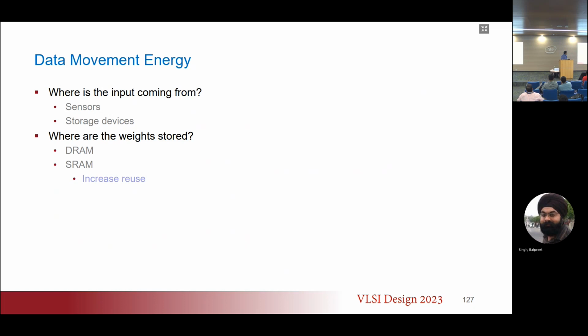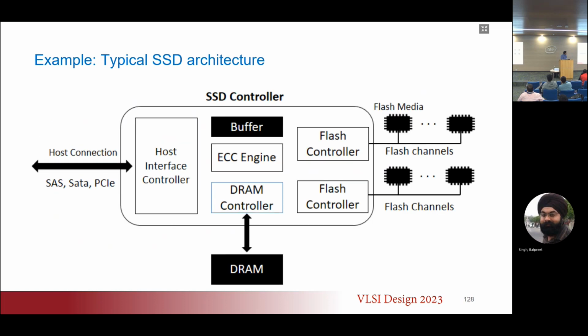So in data movement, where is the input coming from? It's coming from the sensors, and it's coming from the storage device, like if you have the data stored in your SSD. And where are the weights stored? They're stored in DRAM, SRAM. And we try to make reuse, but here is a company that's saying that the best place to do machine learning acceleration is in your storage device, in your SSD.